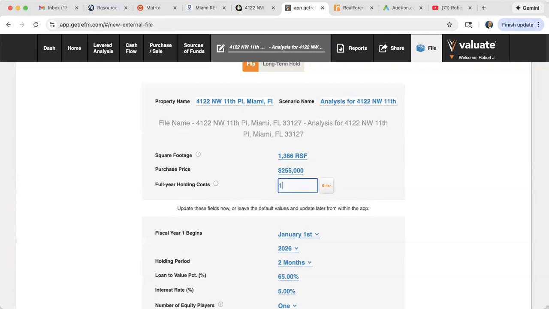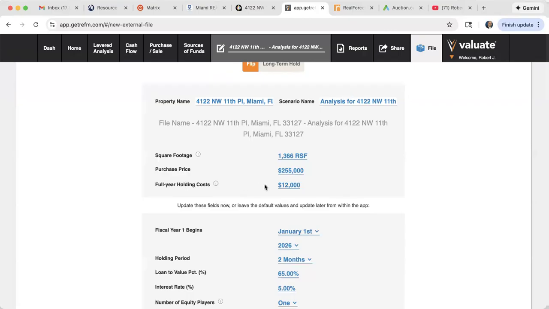So let's bring that up now to $12,000. And that is our full year holding costs. If the property were located inside of an HOA, you need to also plug in the HOA fees and other fees that would be included. So right now we're at $12,000.